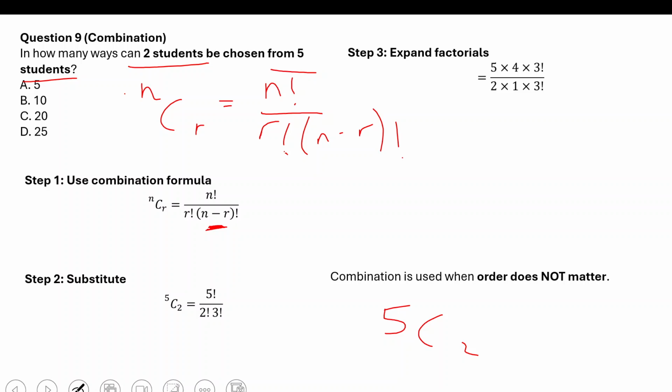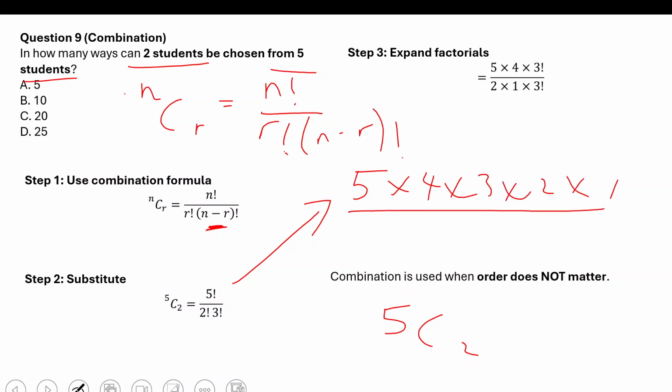By the time you do the expansion of the factorials, you'll be getting 5 times 4 times 3 factorial all over 2 times 1 times 3 factorial. I can do this for you to see how it goes. 5 factorial is 5 times 4 times 3 times 2 times 1, right? Then the next one is 2 times 1, that's the 2 factorial. And 3 factorial is 3 times 2 times 1.